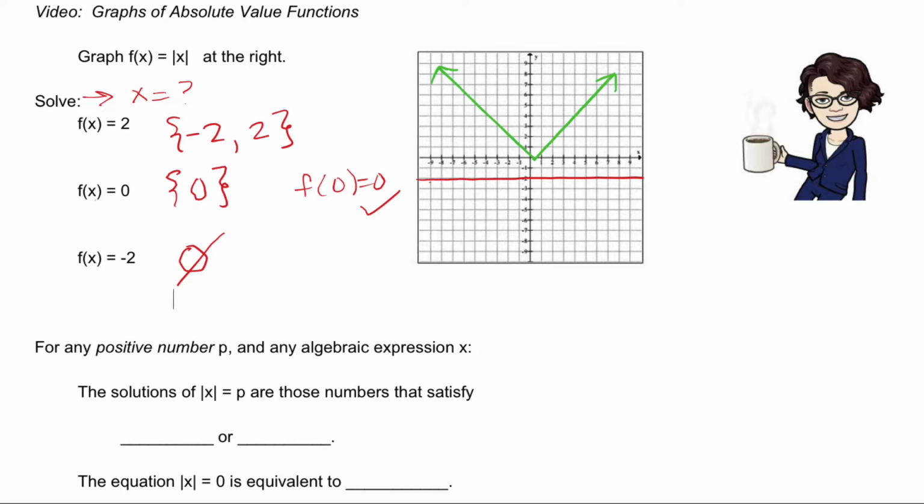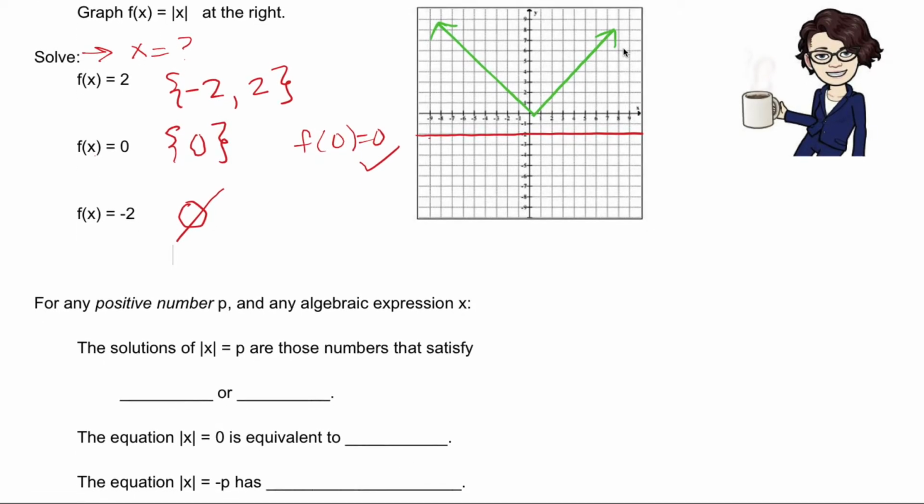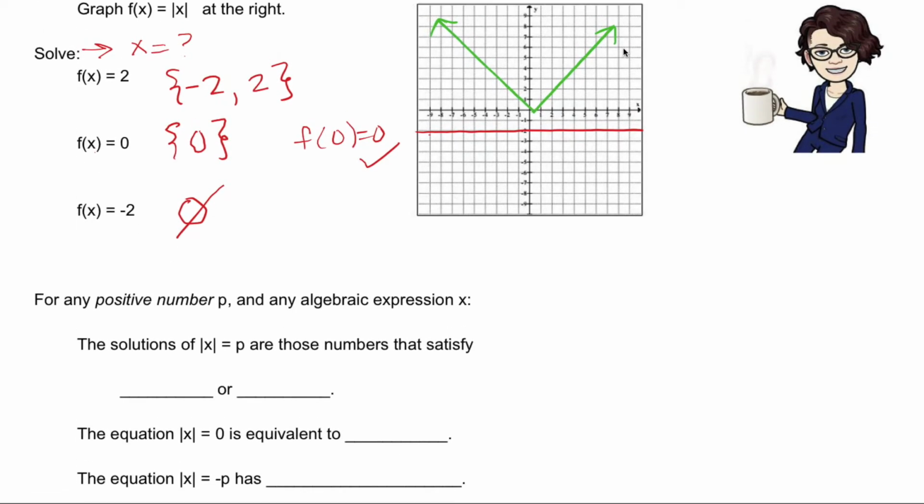So let's think about what this tells us in general about absolute value functions. If we're looking specifically at the absolute value of x, the basic parent function of absolute values, and p is a positive number, the solutions when the absolute value of x is equal to that positive number, for example, like above, we had +2, are the numbers -2 and +2.